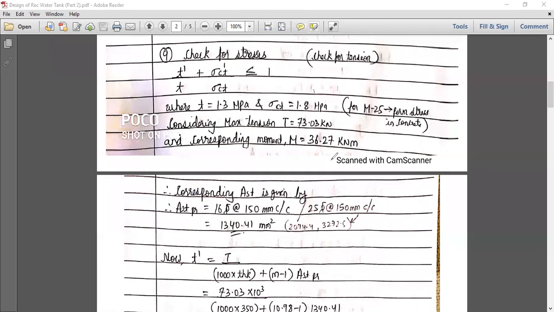Okay, so this is 70.8 and the corresponding moment. ठीक है, for this corresponding moment कितना है? Yes, am I audible? Please give me the values quickly.